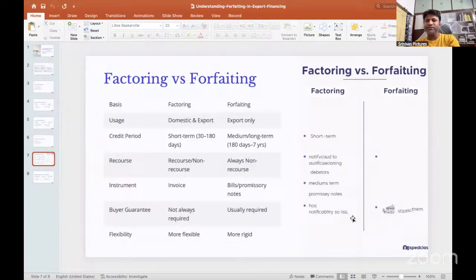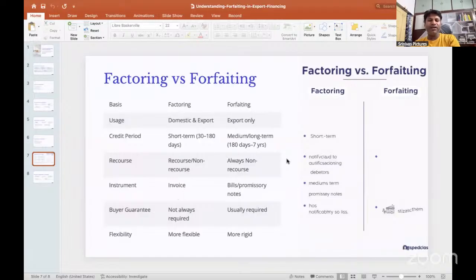So simply we can say that factoring is short term, and the credit period for forfeiting is medium and long term. And recourse or non-recourse: for factoring it may be recourse or non-recourse, but forfeiting is always non-recourse only.